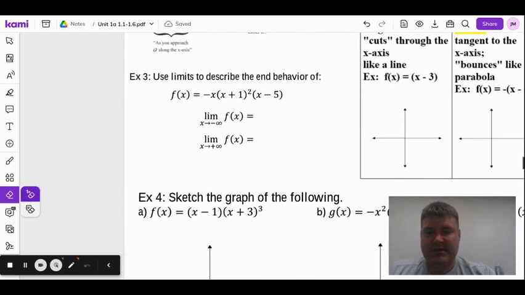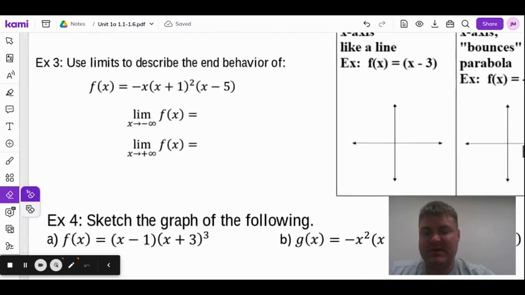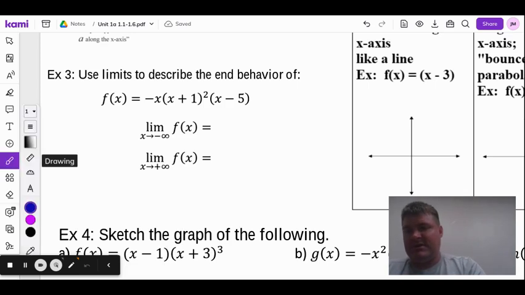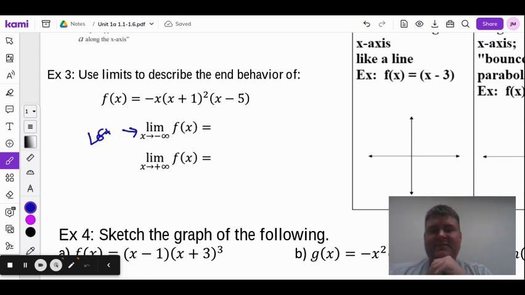So let me put this together for you. Use limits to describe the end behavior. This is already pre-written for us, which is totally awesome. It won't always be pre-written, but we're just first learning it. So the limit of this function as x approaches negative infinity. Negative infinity, that's going to be the left. That is left end behavior, okay? If I'm counting, that's a power 1, that's a power 1.